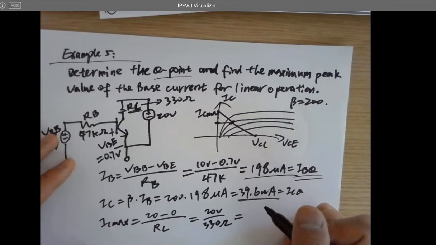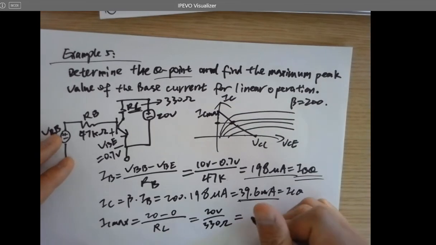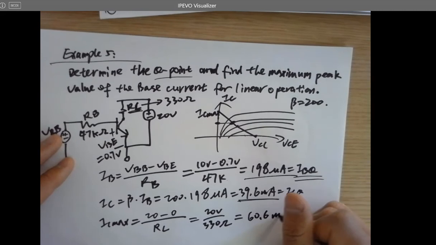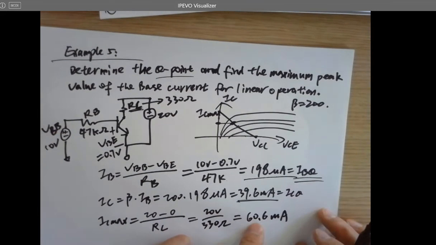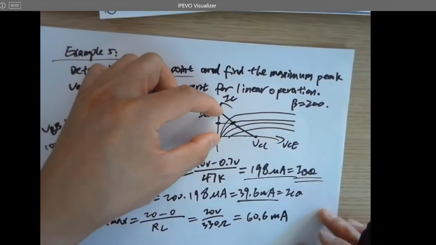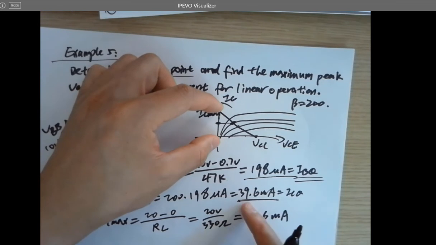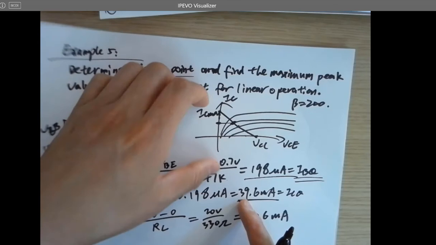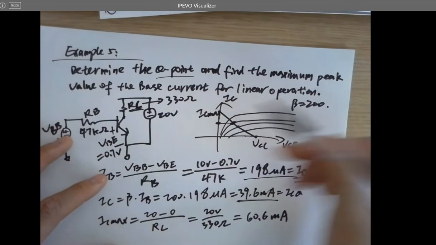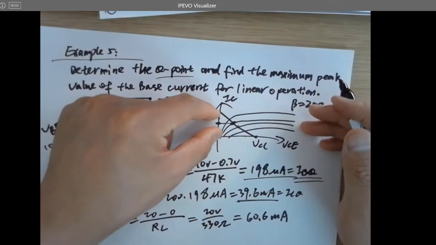Which is 20 volts over 330 ohms. So what is that? 60.6 milliamp. So you can see this maximum value is a little bit larger than twice as much as this guy, smaller than 2 times this guy. Because 2 times this guy will be 70 something. So you can imagine this is actually being biased a little bit closer to the Imax.